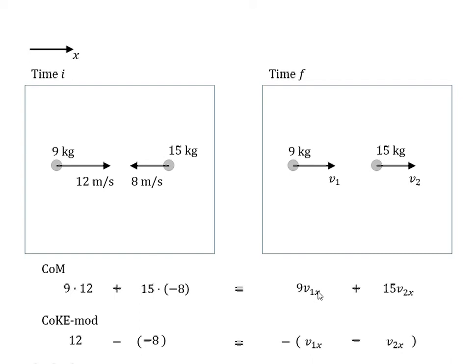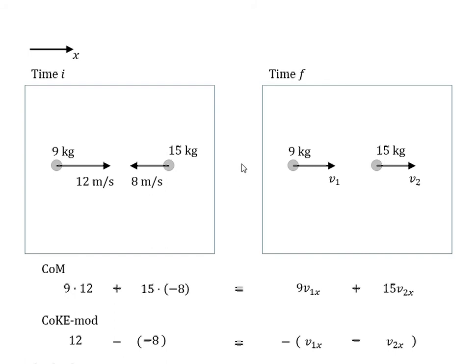Remember, we dropped the little F subscript. Plus the 15 kilograms times the final velocity of object 2. In KE modified, we have the V1 initial minus the V2 initial. That's going to be 12 minus negative 8. It will equal the same thing in the final. We don't have any concrete numbers to plug in here. So we have 2 equations, 2 unknowns, and we need to go through that solution.